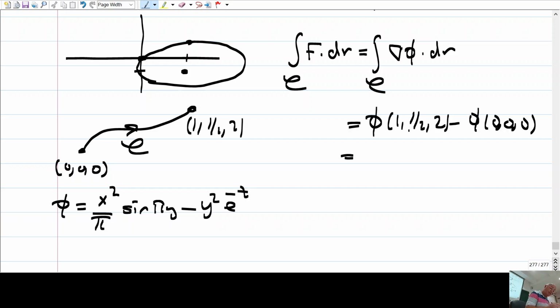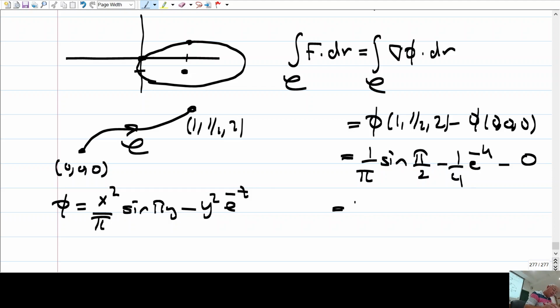So when you plug in this point, you get x squared over pi, which is 1 over pi, times sine pi over 2, minus 1/4 e to the power minus 4, minus, when you plug in 0 for x, y, z, you just get 0.